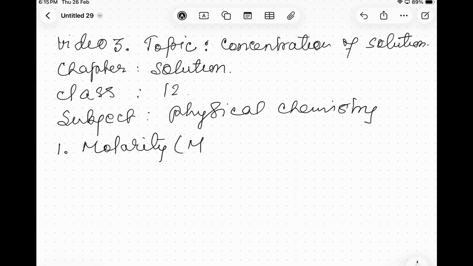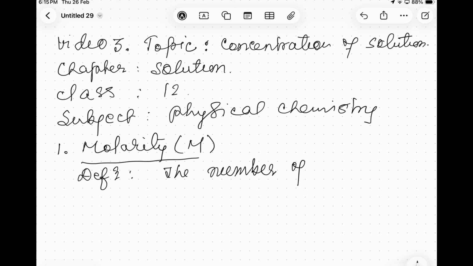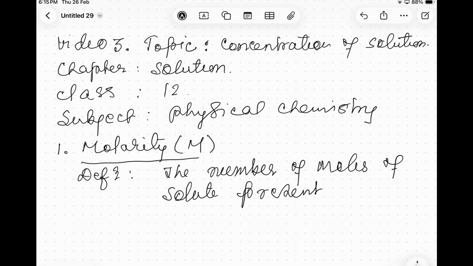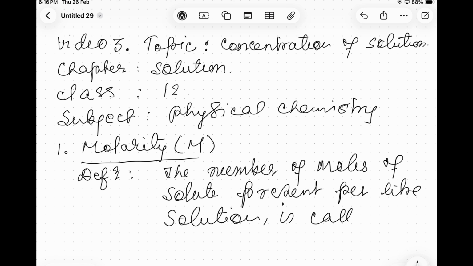Molarity is expressed by capital M. Its definition is: the number of moles of solute present per liter of solution is called molarity of solution.